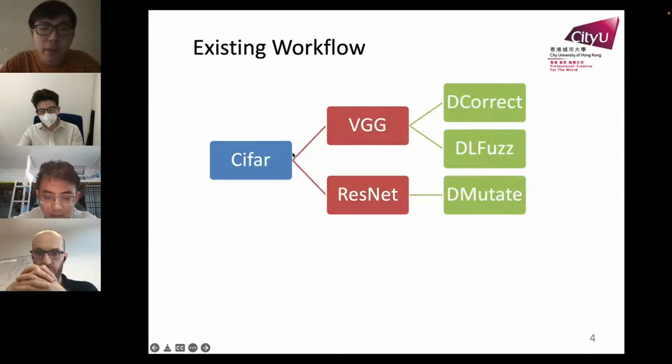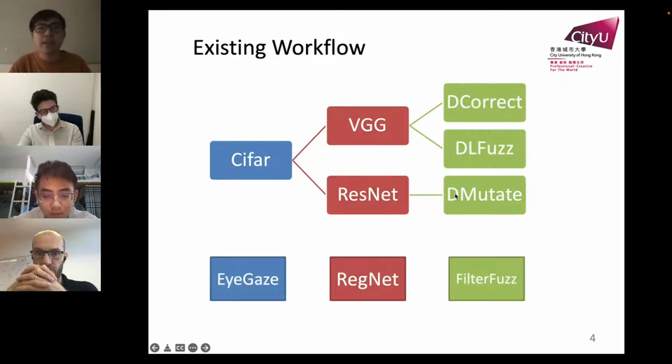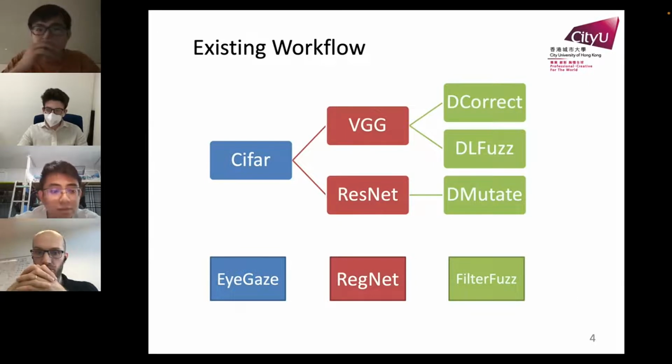And whenever there are more combinations, there will be more branches. But as time goes, more such datasets, models, and SE techniques will be proposed. So if you want to apply or evaluate them, we have to implement one more branch. That would be much more redundant.